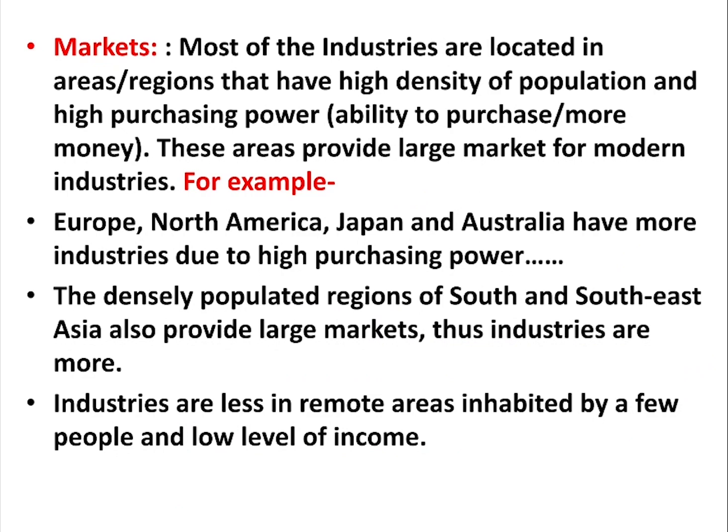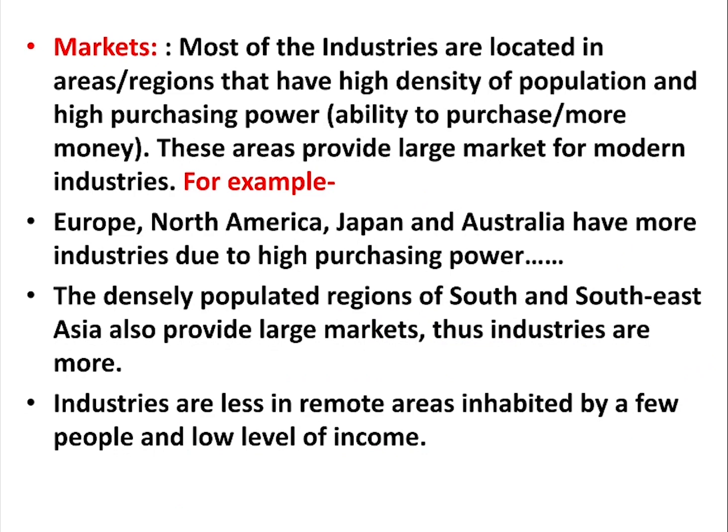Even though the people don't have much money, each person will buy goods, so the manufacturing industry can sell more goods in these regions. These are the two regions where we have more industries: one because of high purchasing power, and another because of high density of population. These are the areas where we have more industry because of the market.